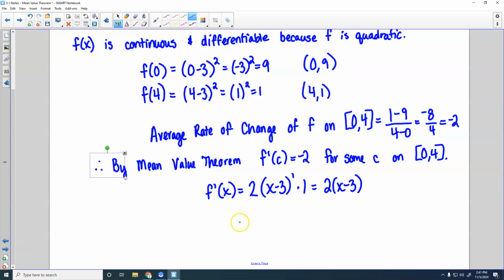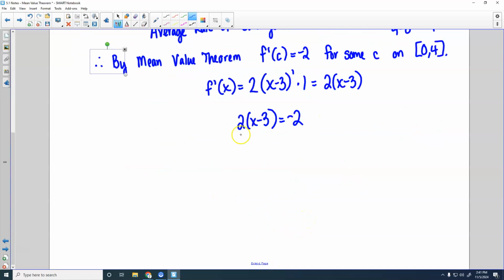And we're going to take that derivative, 2 times (x minus 3), and set it equal to negative 2. You could distribute or you could divide. It doesn't matter. I think I'll divide. So x minus 3 equals negative 1. Add 3 to both sides. x equals 2.